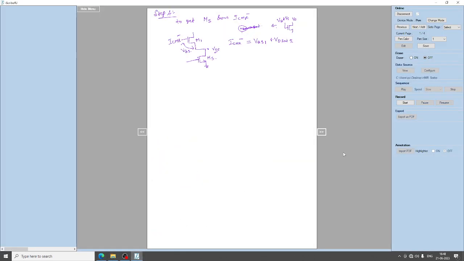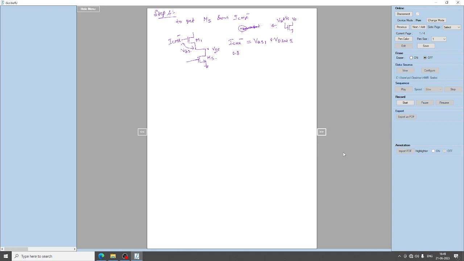So with that we have taken ICMR minus equal to VGS1 plus VDSAT of the 5th transistor here. Okay, so we know that ICMR minimum value is 0.8 volts, which is given.